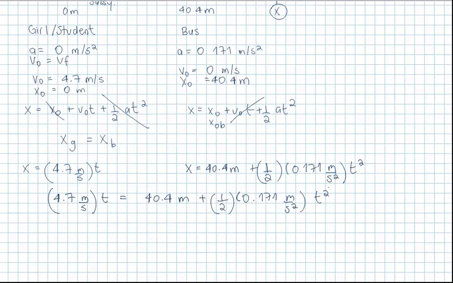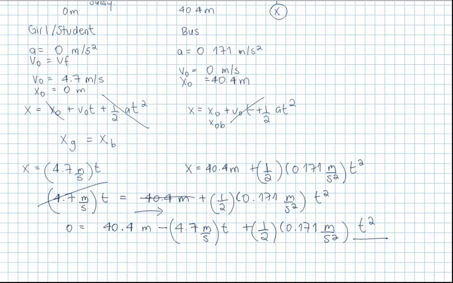If we move all of the terms to the right, we have 0 equal to 40.4 meters minus 4.7 meters per second times time plus 1/2 times 0.171 meters per second squared times time squared.